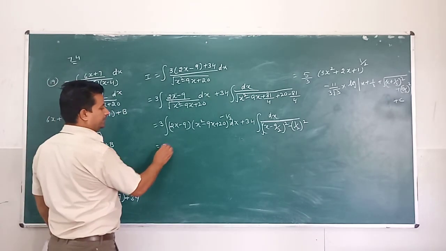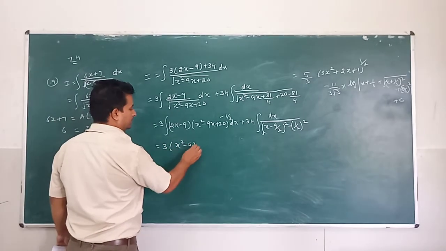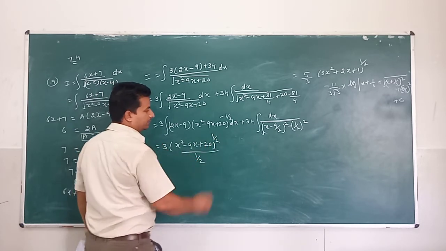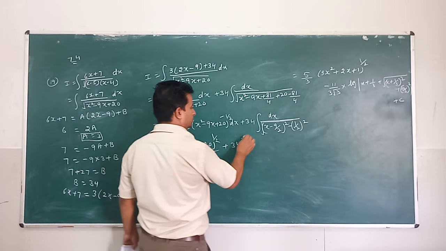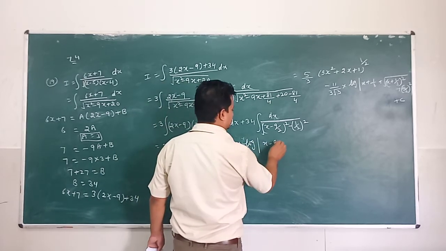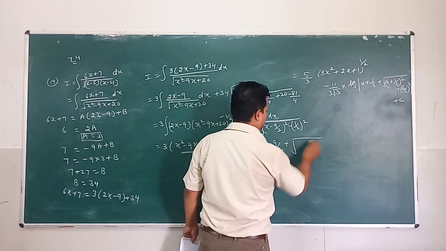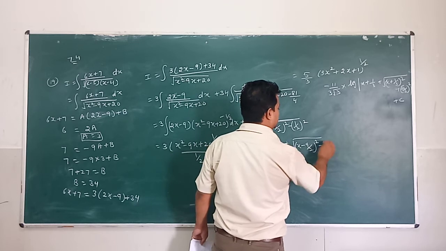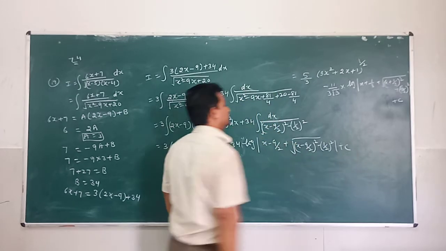So integrate: add 1 to the power and divide by the power. This is the identity of log of x plus the root of x square minus a square. This is the answer.